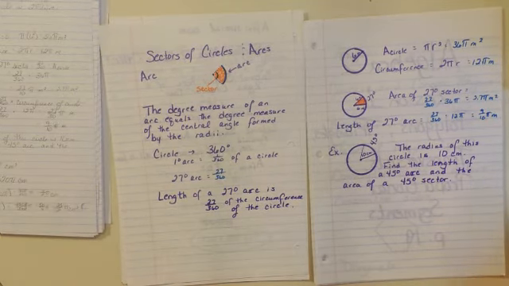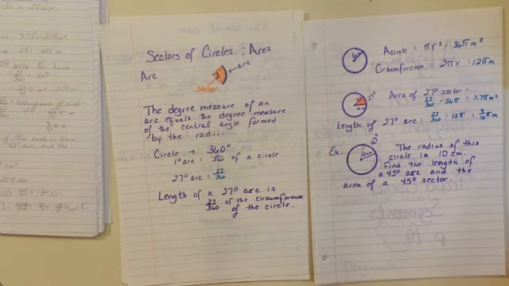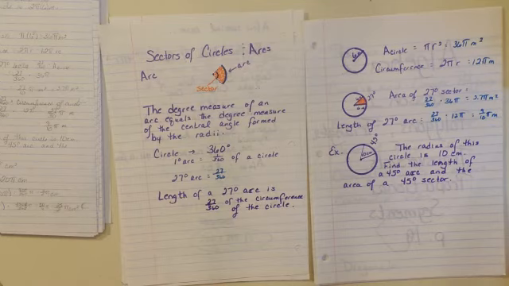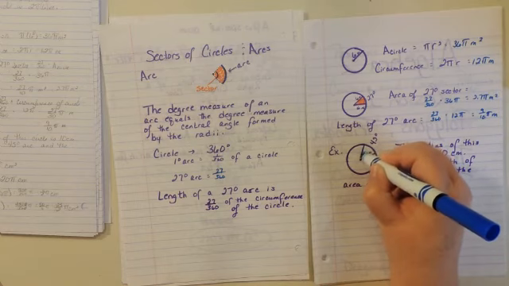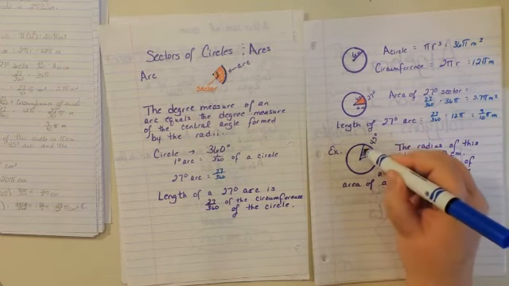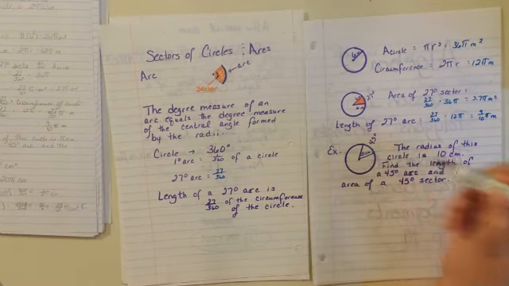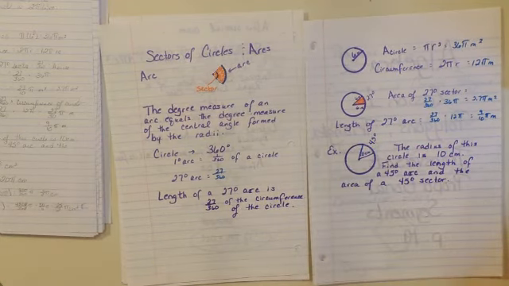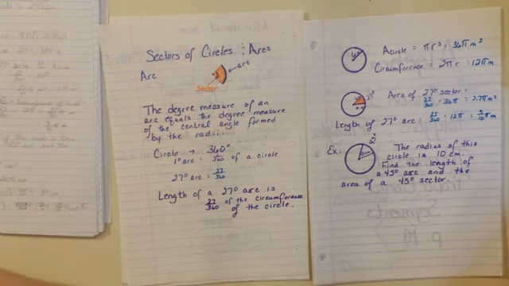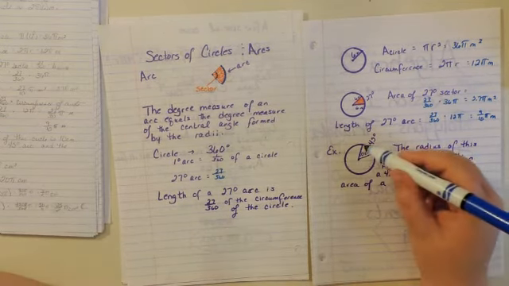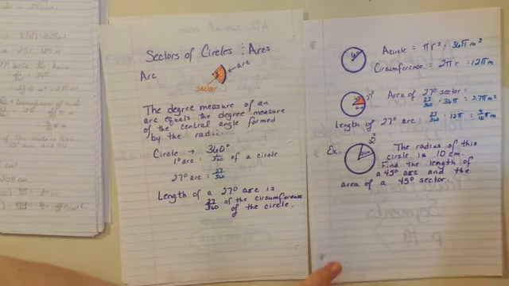So let's try this example. The radius of this circle is 10 centimeters. Find the length of a 45-degree arc and the area of the 45-degree sector. So assuming this is a 45-degree arc, and therefore this is a 45-degree sector, we should be able to find the length of the arc and the area inside.